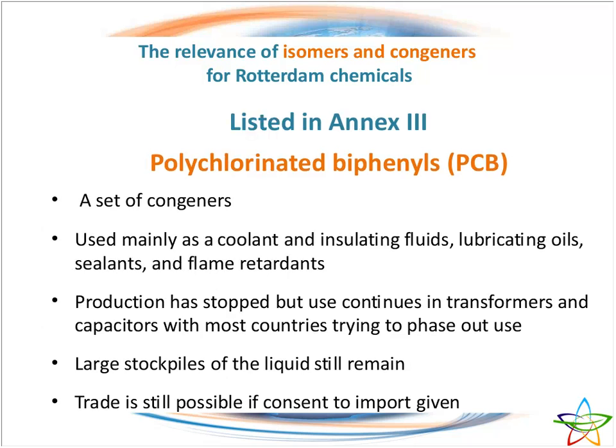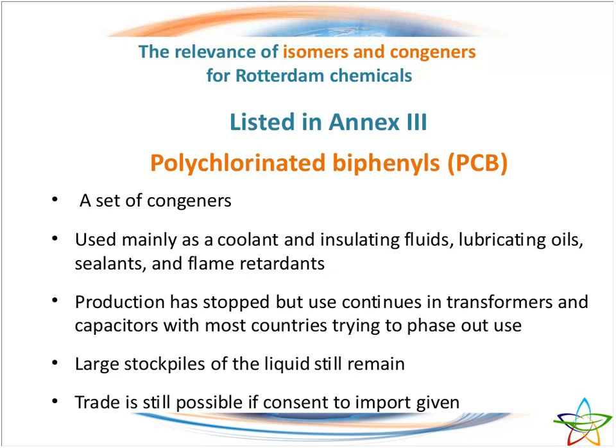We go back to the polychlorinated biphenyls. Again, this example was given by Rainer in detail. I will say that there is a set of congeners, 209 of them, mainly used as coolant and insulating fluid, lubricant oil, sealant, and flame retardant.